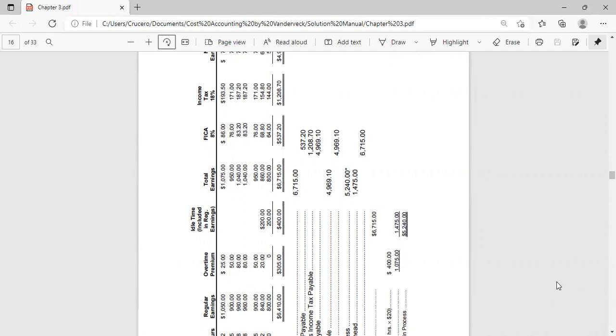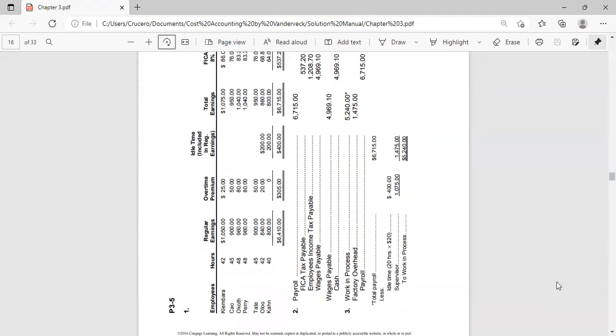Actually, initially it was 1,050 with overtime for the supervisor. But for the workers it is 950, 1,040, and 950. So the workers, okay.